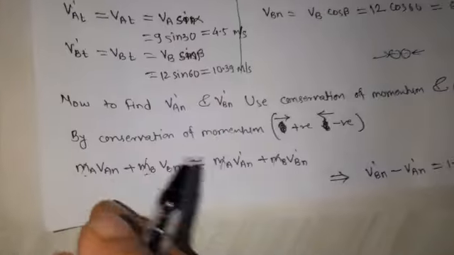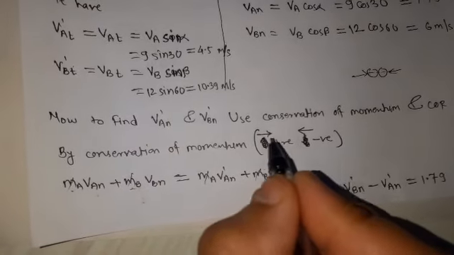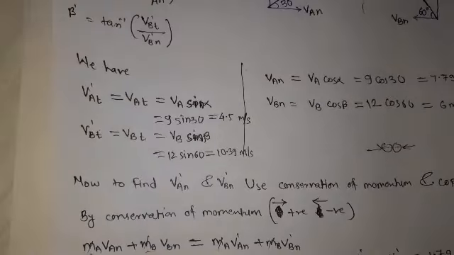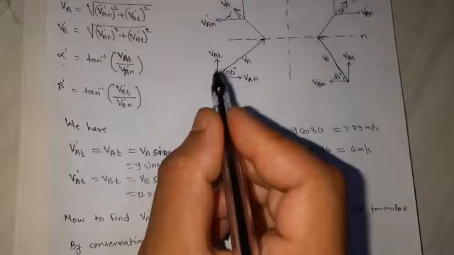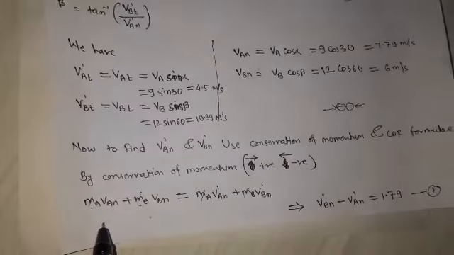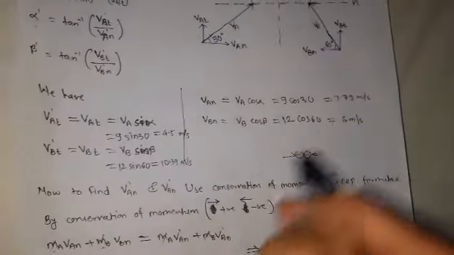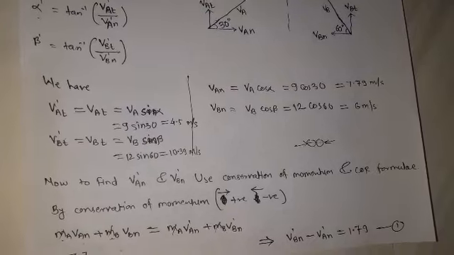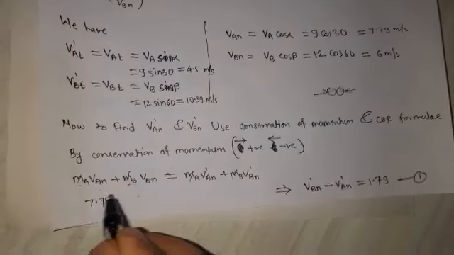So just put the values in this equation, treating right as positive and left side as negative. If you see, ball A initially is moving towards right, so I can write here 7.79, which is van.